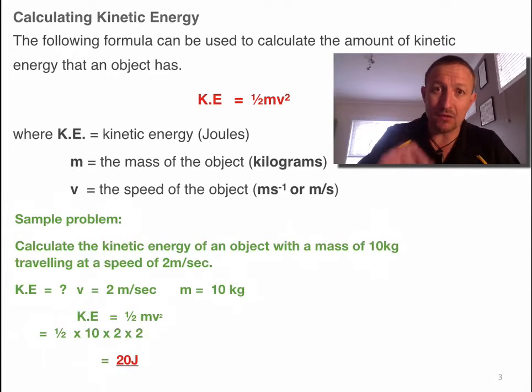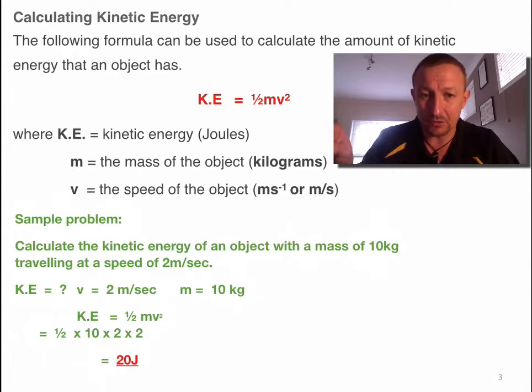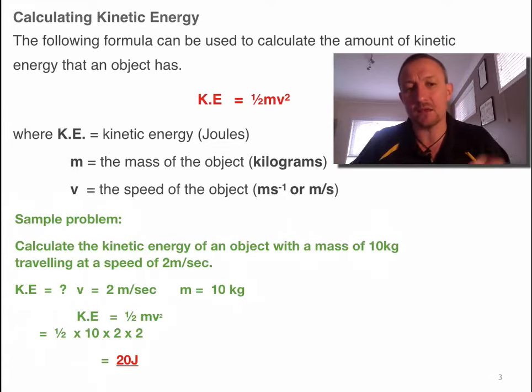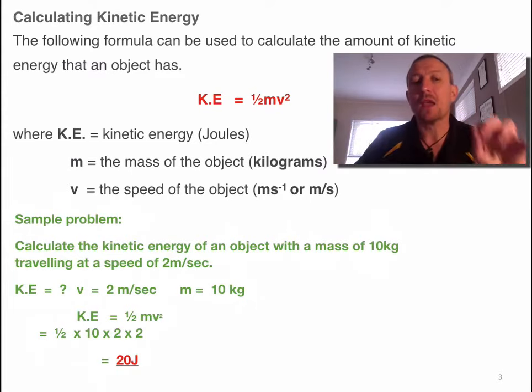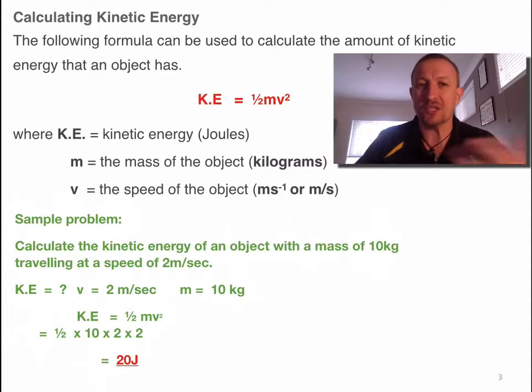Don't do it times 2. Let's say the velocity was 4 and you want to do 4 squared. It's not 4 times 2, which is 8. It's 4 times 4, which is 16. So you can see there's a problem there. And the result is that you end up with 20 joules.